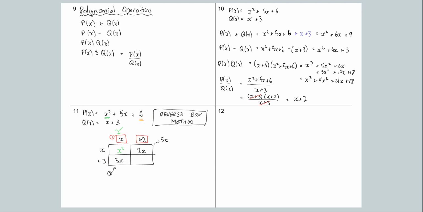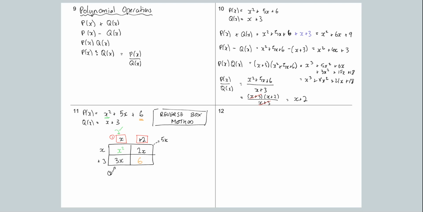Positive 3 times positive 2 is equal to 6, and that is the final number. So it's a very difficult thing to write in just simple board notes, but hopefully this video goes through it. So it's really just a matter of filling out the boxes as you go along until you get to the end. Okay, so that's basically the reverse box method.